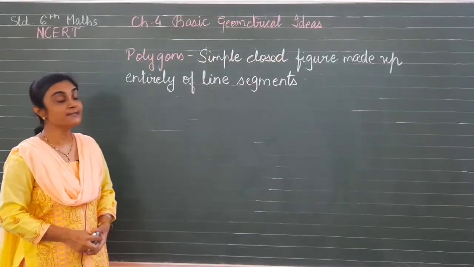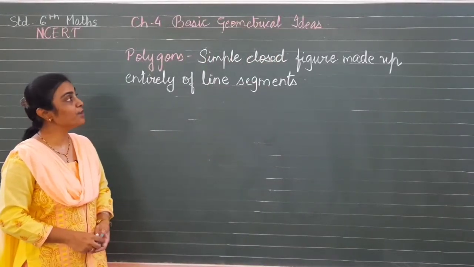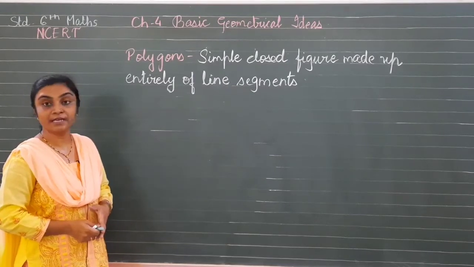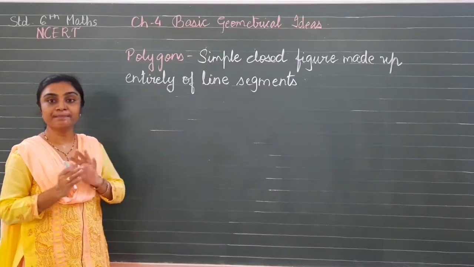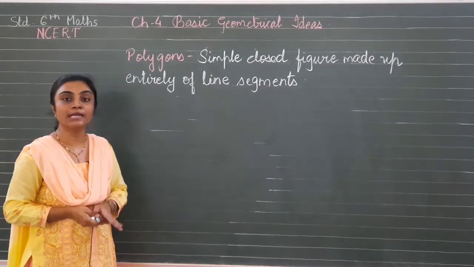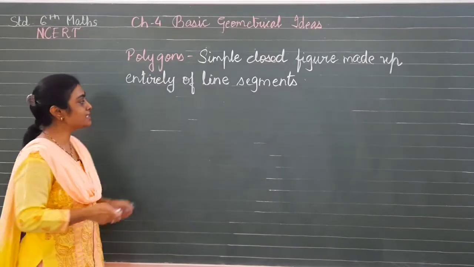Now the next topic is polygons. Now what is the meaning of polygons? It is a simple closed figure made up entirely of line segments. So it will be a simple closed figure and it will be formed only of line segments. Let us draw some figures.